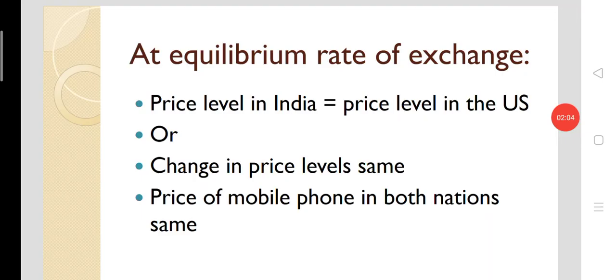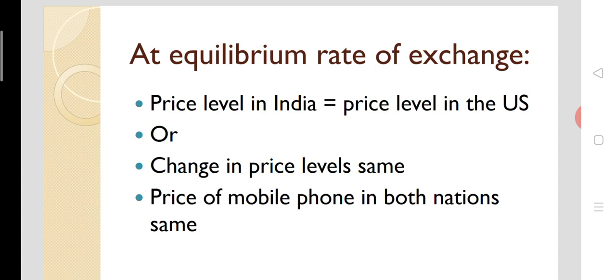That means when we consider India's exchange rate in terms of the US dollar, as per the purchasing power parity theory, India's price level would be equal to that of the United States. It doesn't mean that when a mobile phone is priced 9,000 rupees in India, the same mobile phone is priced $9,000 in the United States. This is not the case.